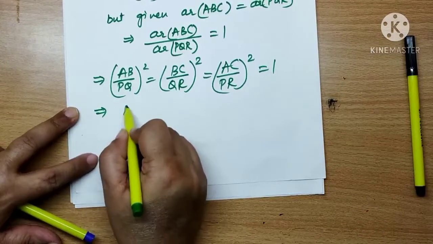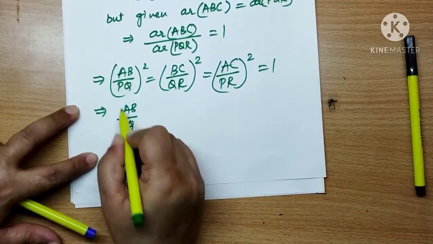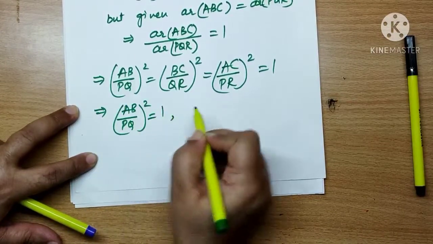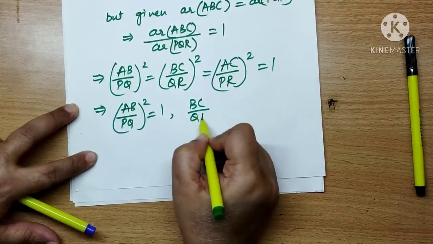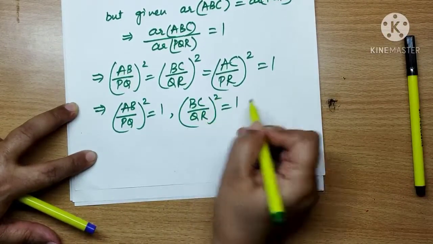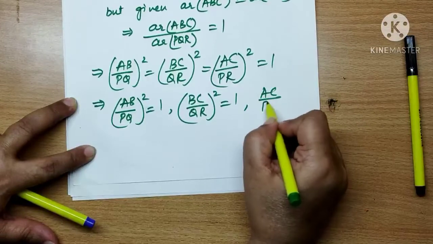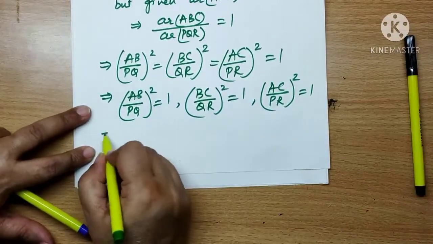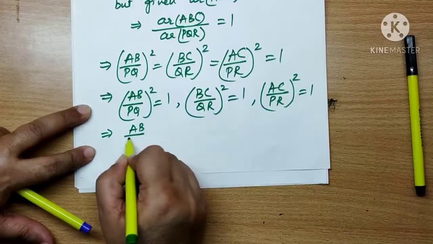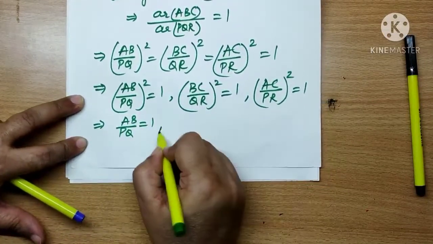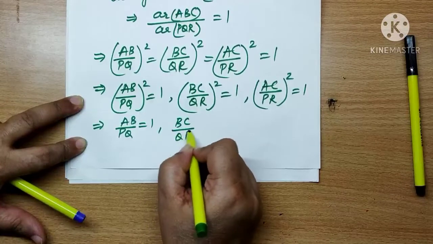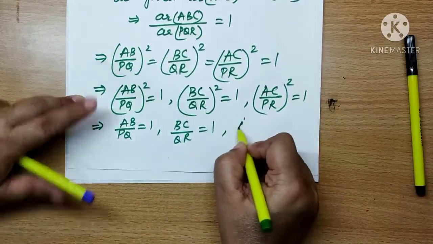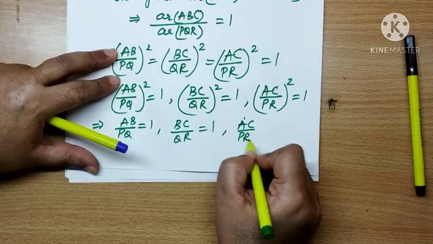So AB by PQ square is 1, BC by QR square is 1, also AC by PR square is 1. So this gives us AB by PQ is 1, BC by QR is 1, and AC by PR is 1.